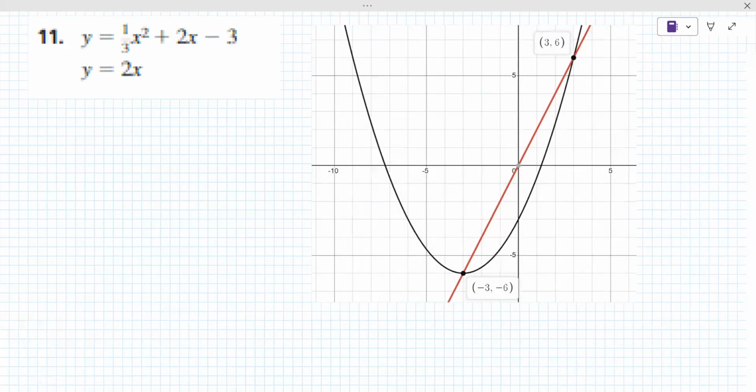It's still two solutions. Yep. And last one here, at least for this part.